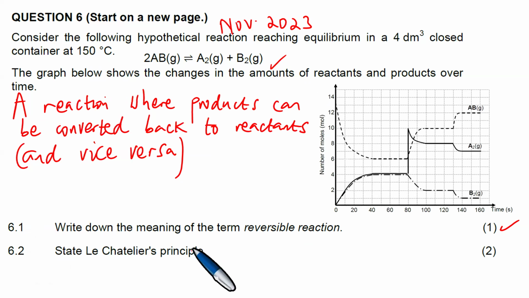Write down the meaning of the term reversible reaction. A reaction where products can be converted back to reactants. So you have the products and these can be converted back to reactants. This means that you have a reversible reaction because you are able to convert the products back to reactants.